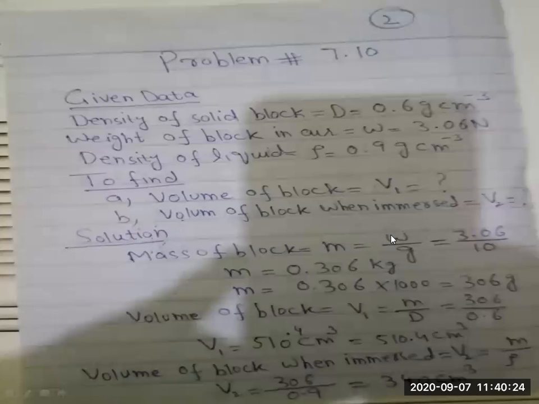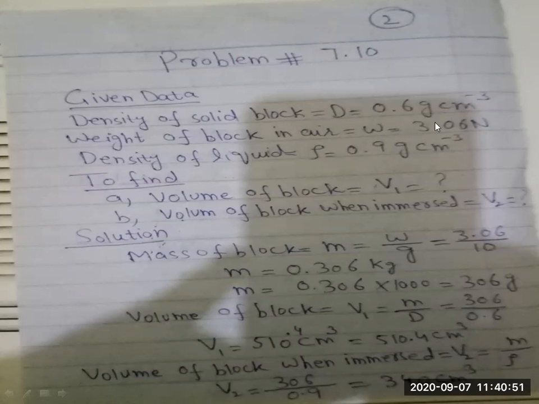Since weight was given and the value of g is understood, I will put in the values and find the mass in kilograms. W is 3.06 and g is 10. If you divide 3.06 by 10, you get mass M equal to 0.306 kilogram, right?